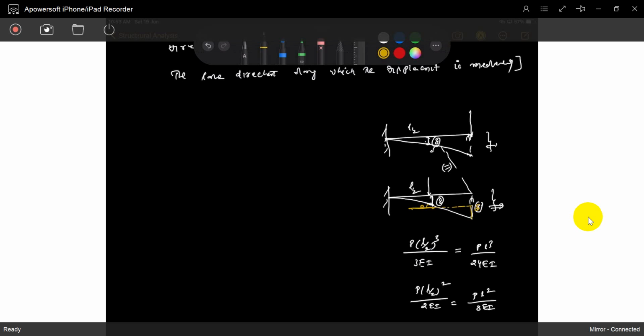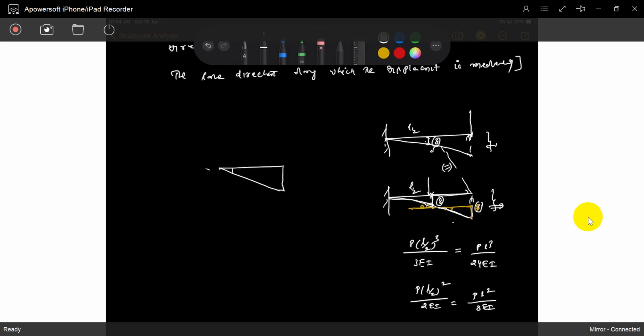I once again say that this is a straight line because there is no moment in this section, in this zone. Only up to this point does the moment change, and the slope changes at every point. After that it is just a straight line. Just take this portion out. This is a straight line.